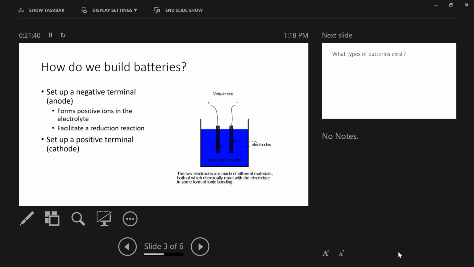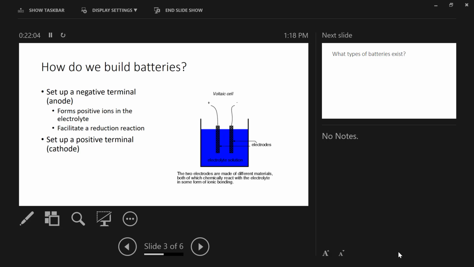So is Drano just a battery waiting to happen? The answer is yes. Stick an anode and a cathode in there and you've got yourself a battery. But Drano is also extremely basic and dangerous, which is how it dissolves things inside of drains. So not a good idea to build batteries out of Drano, but you could.